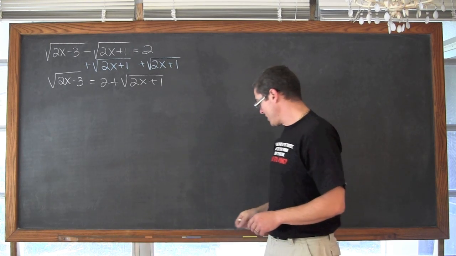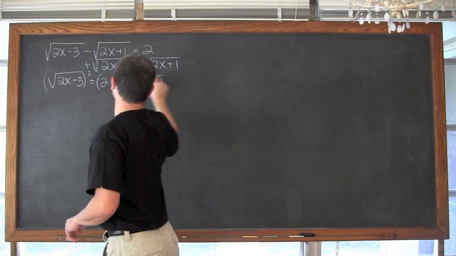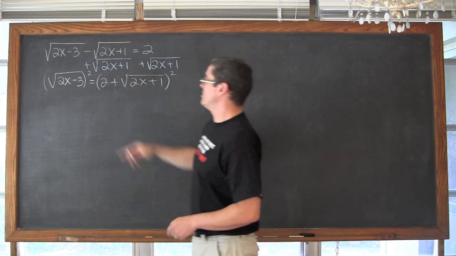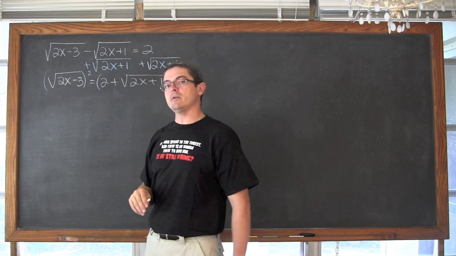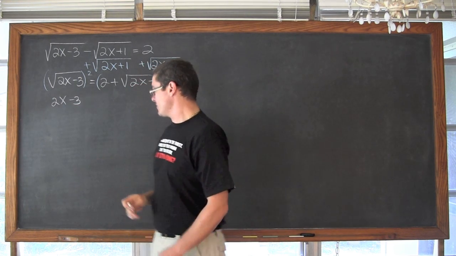Now we're going to go ahead and square both sides of the equation and get rid of one of these pesky square root symbols. So over here, of course, the square root and the square now are going to cancel out. So we have 2x minus 3.